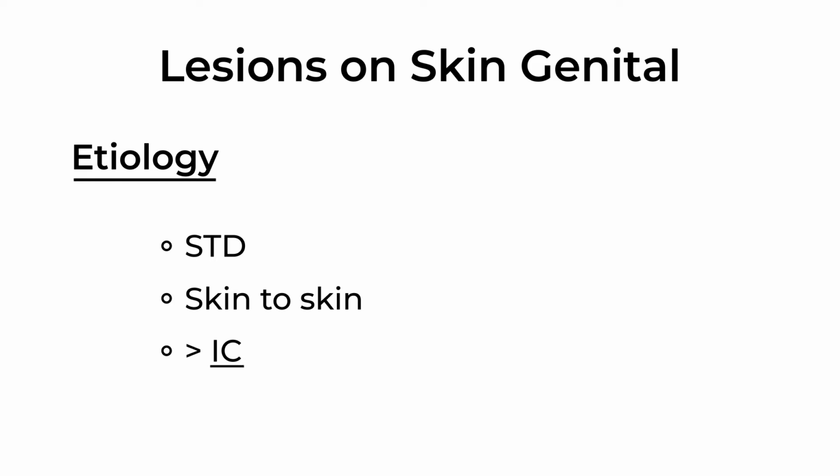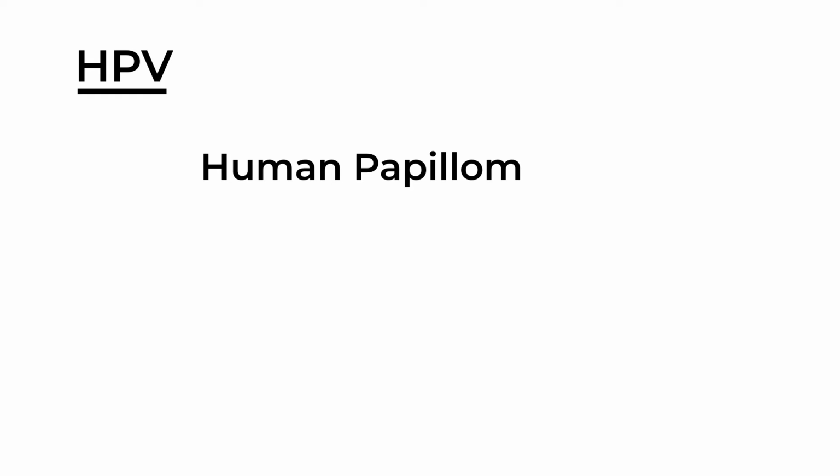I see immunocompromised. And the type of virus that is infecting these patients is known as HPV, human papillomavirus. In particular, when we're talking about genital warts, we're talking about types 6 and 11, HPV type 6 and HPV type 11.